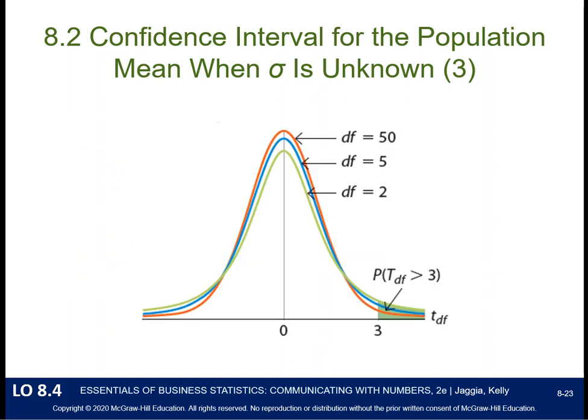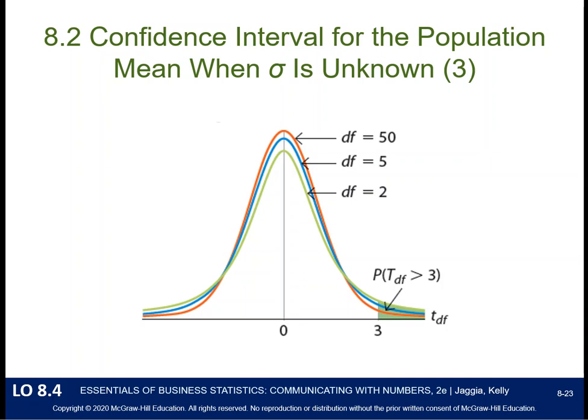Here we're looking at 3 different t-distributions. One has only 2 degrees of freedom, which means a sample size of 3. That's the green line there. Notice how on the tails it is taller; it's higher, so we have broader, thicker tails here.